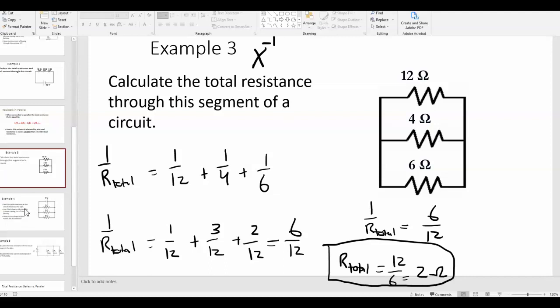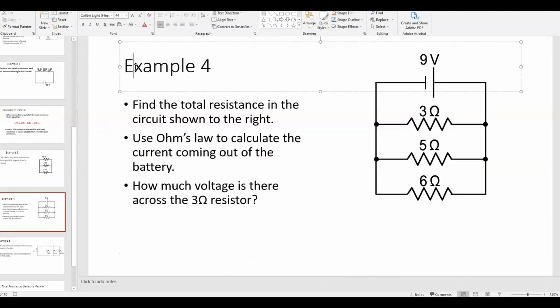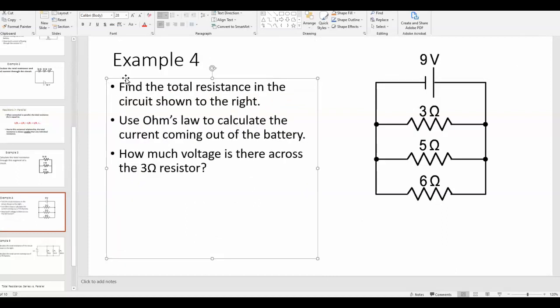Okay, so let's do a couple more examples with parallel circuits. Example 4. The first question says find the total resistance in the circuit to the right.